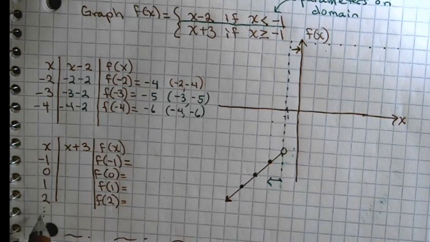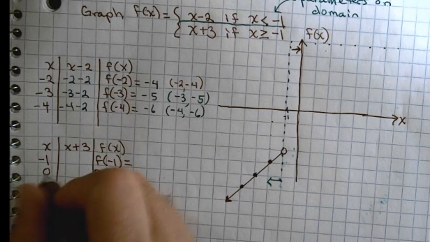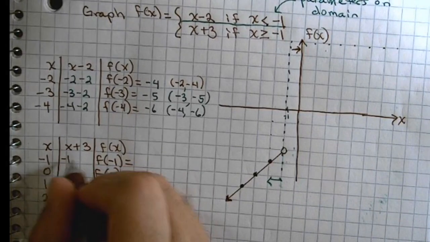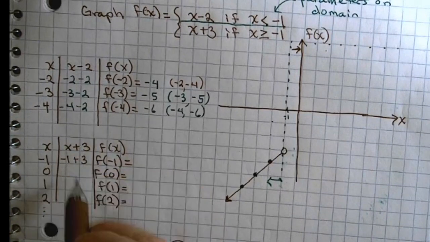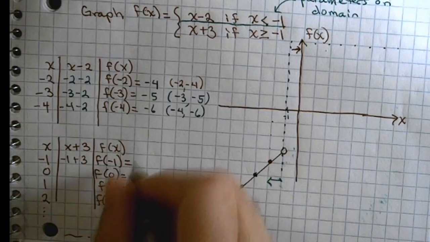You could pick decimals. Okay. So now I will substitute -1 plus 3. -1 plus 3 is 2.